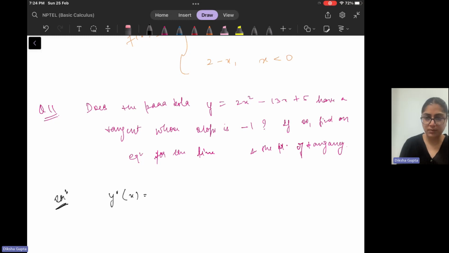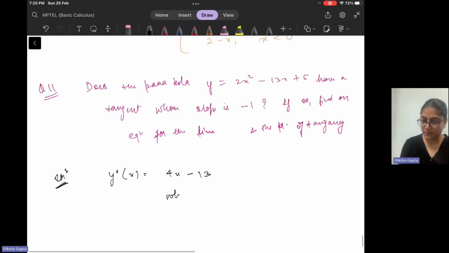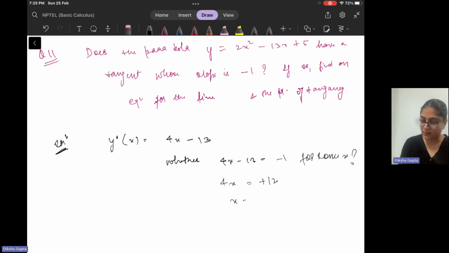You can simply do it by the power rule. So it will be 4x minus 13, right? So you have to see whether 4x minus 13 equals minus 1 for some x. So yes, you can solve this equation. Minus 13 plus 12, x equals 3.